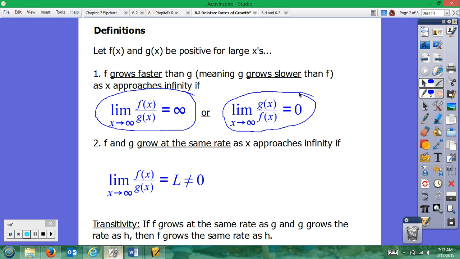Now, the second part of this definition is a little bit disconcerting for some. We're talking about growing at the same rate. If you take that limit, and you don't get infinity or 0, but you actually get a number, and that number is not 0, that L, an answer to the limit problem not equal to 0, then we say those functions grow at the same rate. Now you'll see some problems where you might question that, because if I'm dividing those two functions and I get an answer of 5, let's say, doesn't that mean that one's growing 5 times as fast as the other?